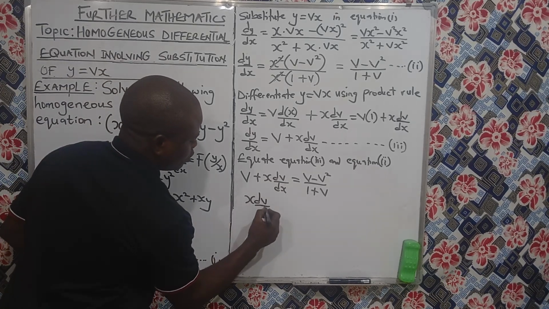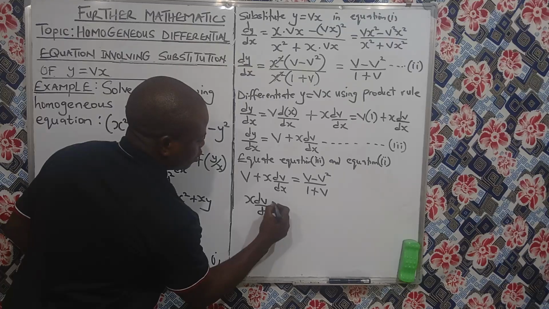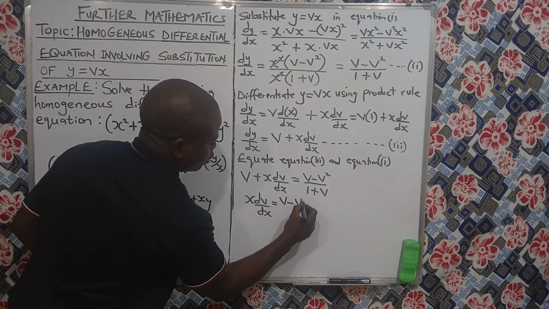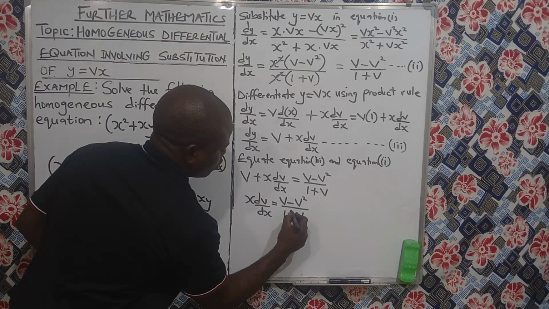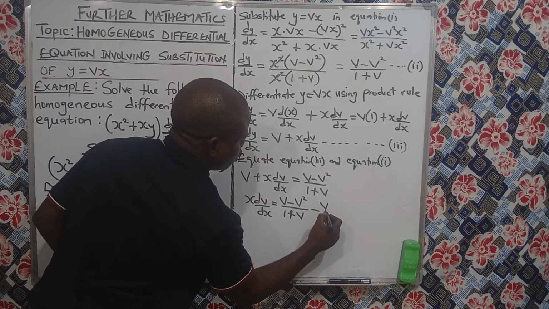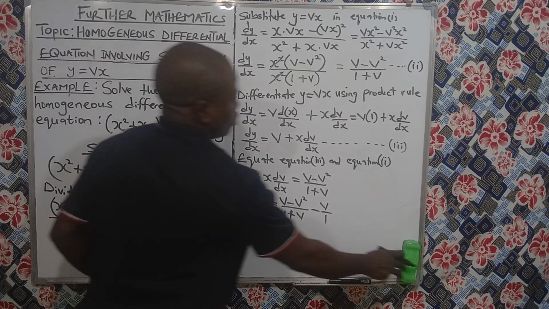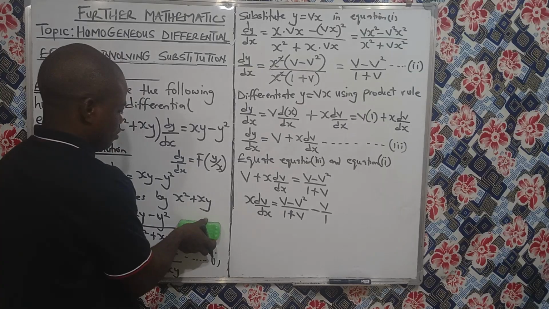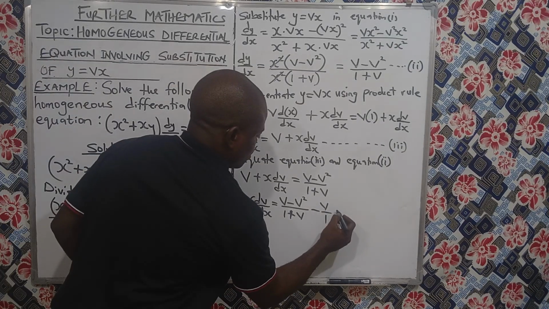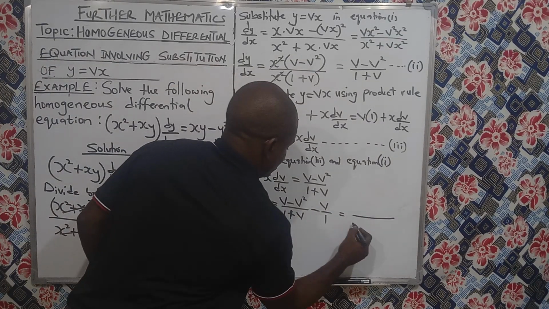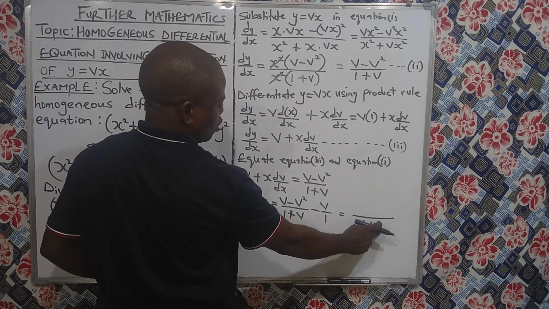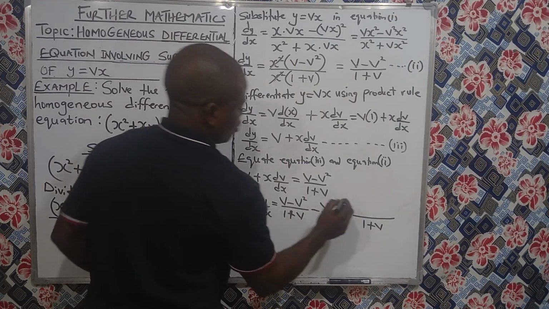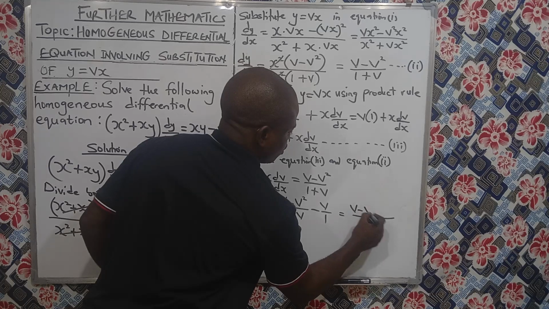x dv over dx equals v minus v squared over 1 plus v minus v over 1. Now let's look for the LCM. The LCM is 1 plus v. 1 plus v in 1 plus v is 1, times v minus v squared, that's v minus v squared.